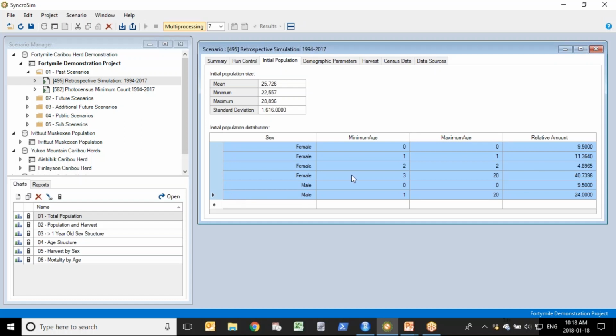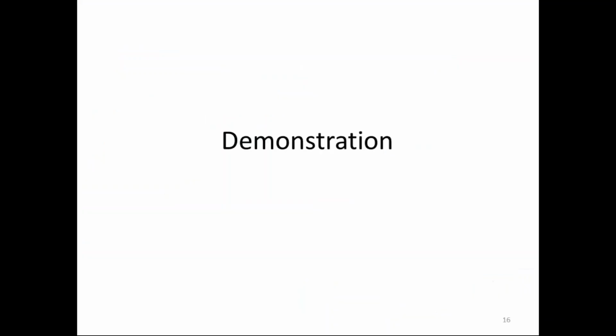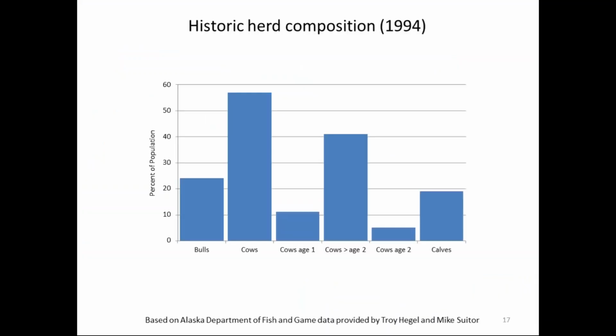You'll see that for the females, we have more resolution in terms of the number of individuals by age and sex class, whereas for the males, we have only specified the number of calves and the number of individuals 1 year or older. That data comes from data provided to us by Troy and Mike from ADFG. So again, similarly, there's more resolution in terms of the age structure of the cows than the age structure of the bulls in 1994.